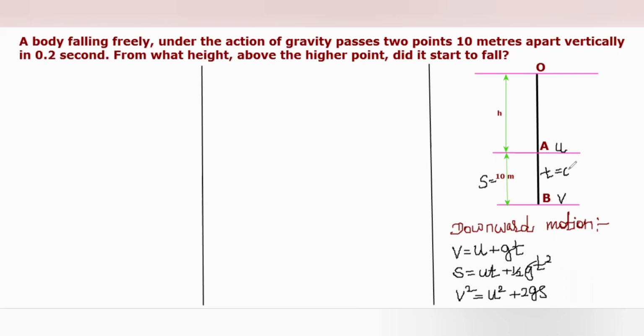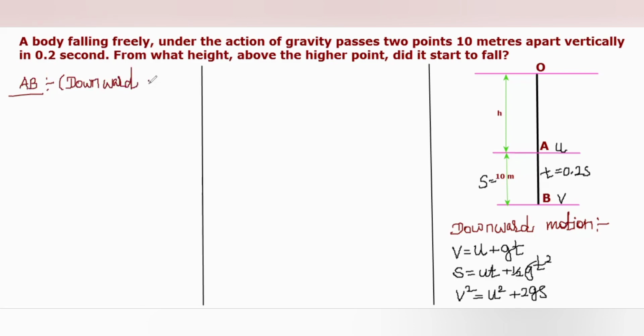So first, I'm going to consider the segment AB. This is a downward motion.